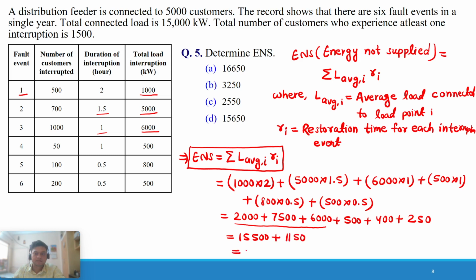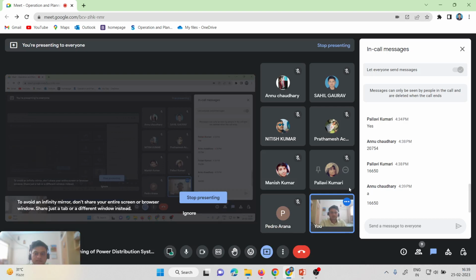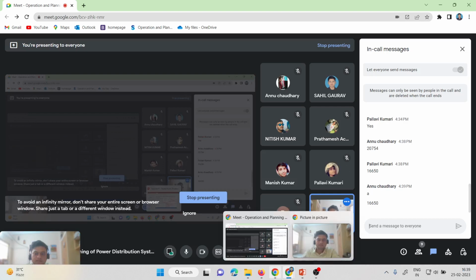So the total amount of energy not supplied is 16,650 kilowatt hour. So the correct answer for this problem number 5 is A, 16,650 kilowatt hour. That is the total amount of energy not supplied during the interruptions. Yes, correct.